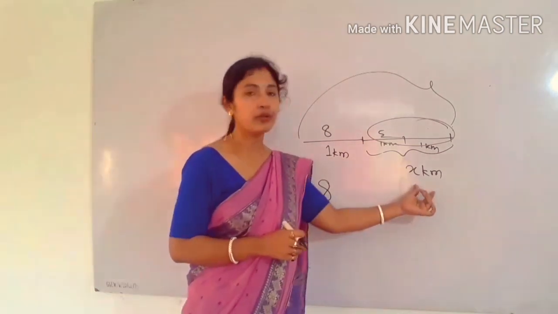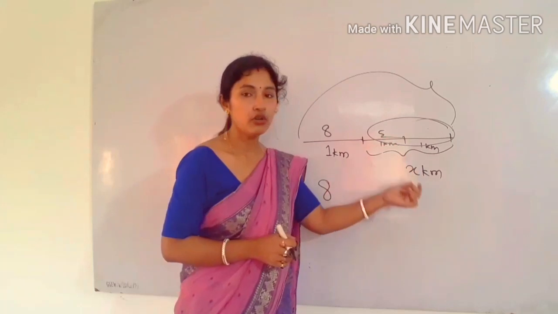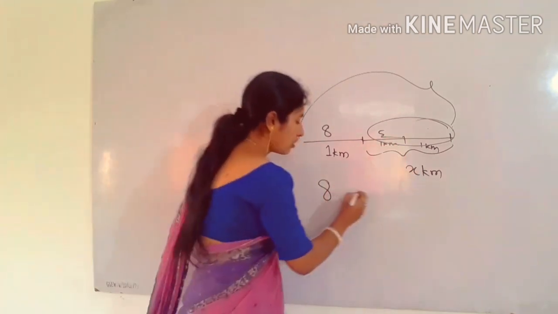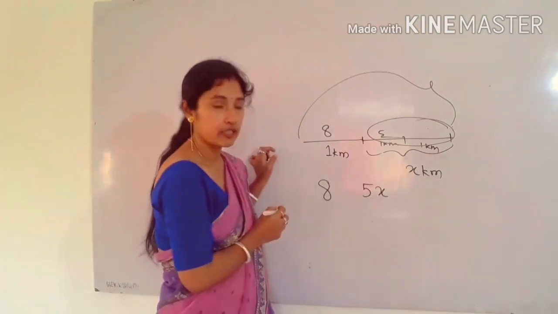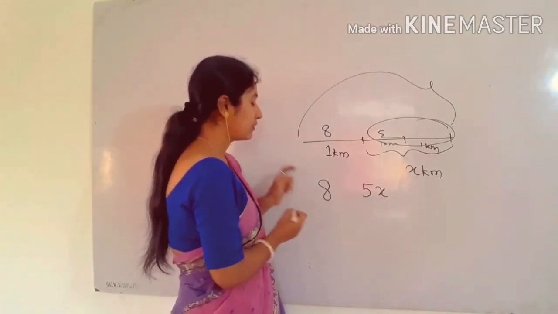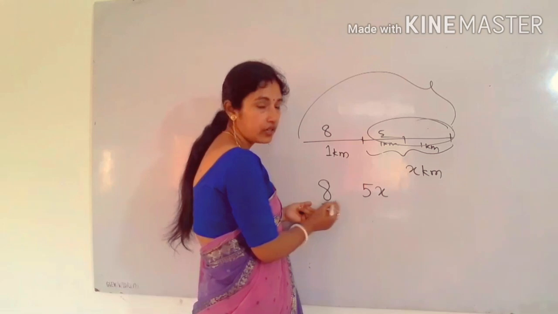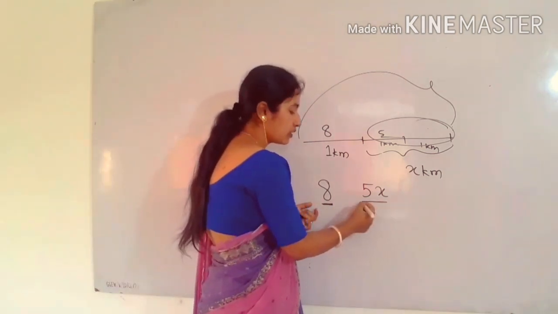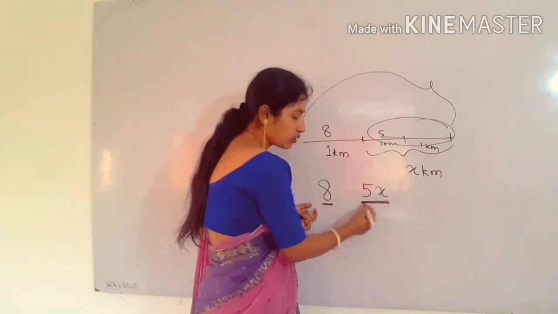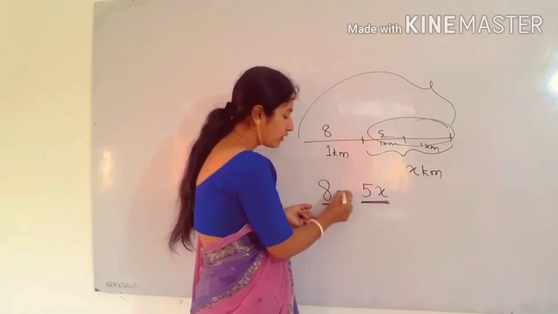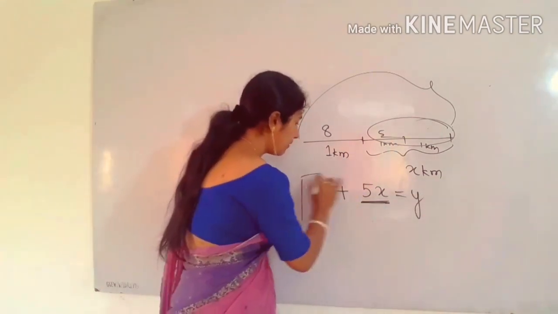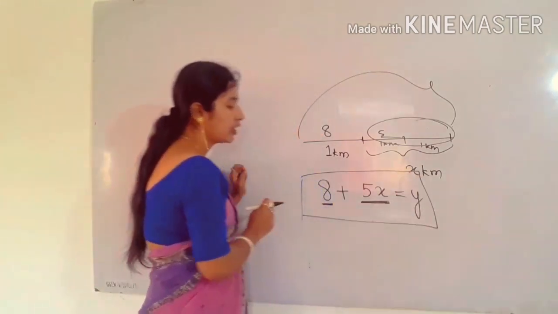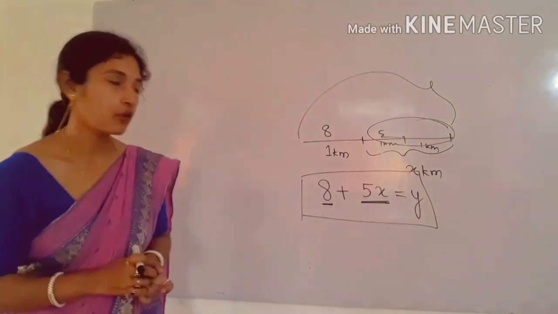So for x kilometer it will be 5 into x, which we write as 5x. The fare for the first kilometer is 8, and for the remaining distance the fare is 5x. When we add these two, we get y. So this is the linear equation in two variables for this information.